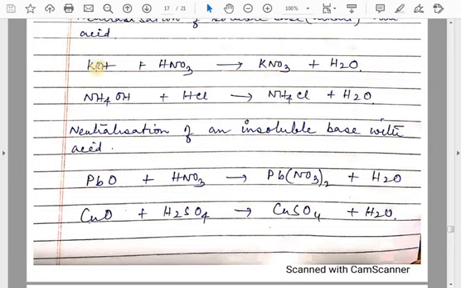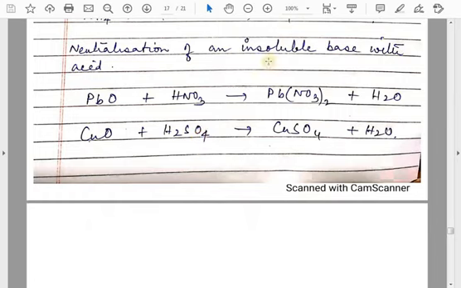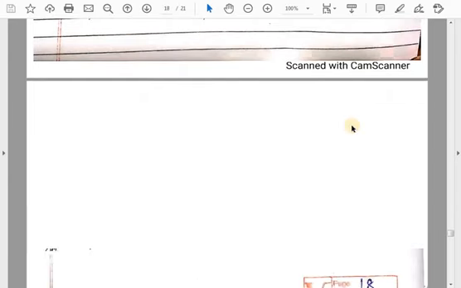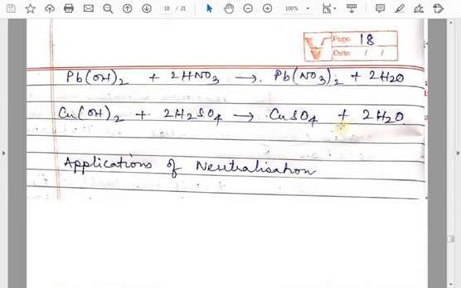You can write the same reaction with sodium hydroxide also. Instead of HNO3, you can take other acids also. Neutralization of insoluble base with acid: these are insoluble bases. They give you the corresponding salts, on the basis of whatever acids are taken, and water. Other hydroxides, these hydroxides are also insoluble bases.